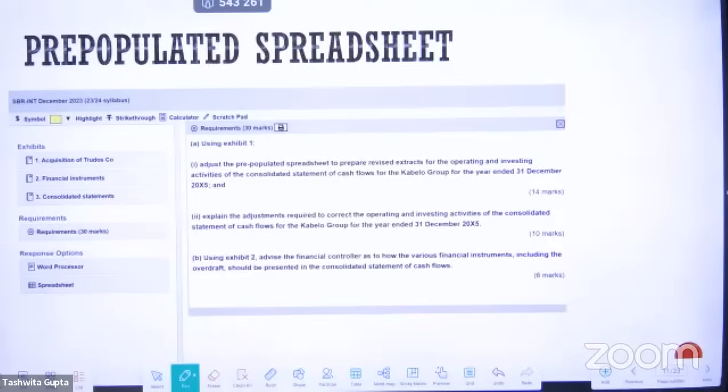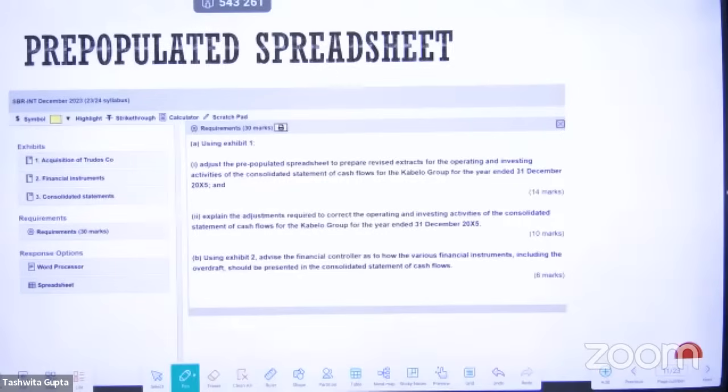I'll be sharing this PDF with you anyways after the class, so don't worry. Okay.